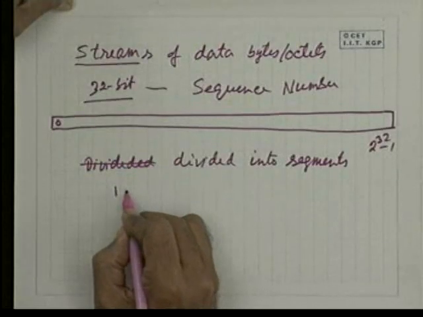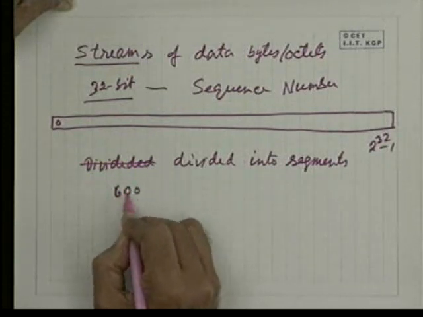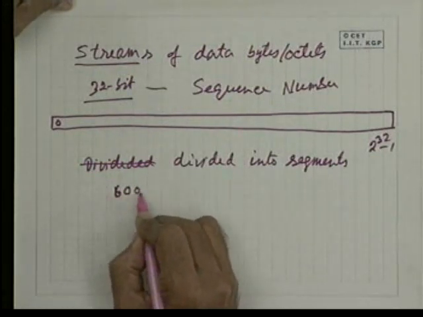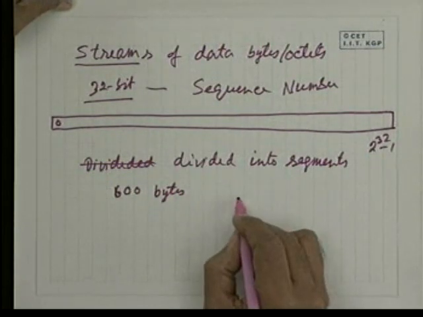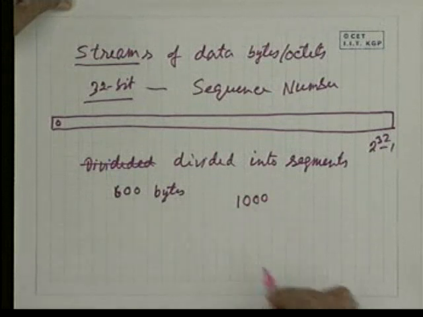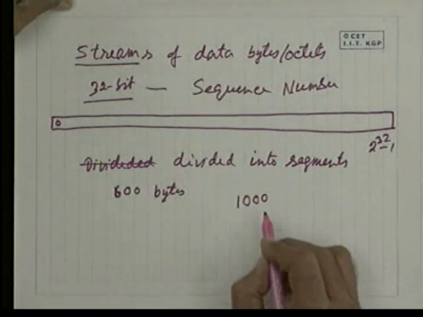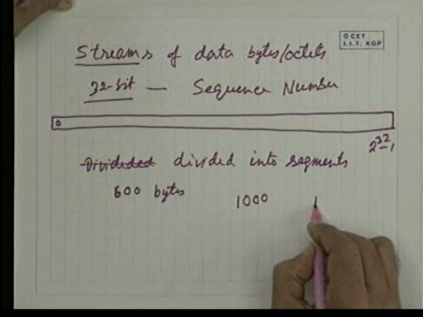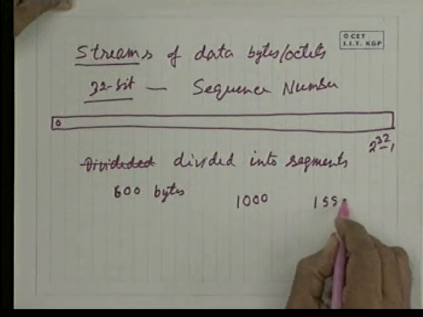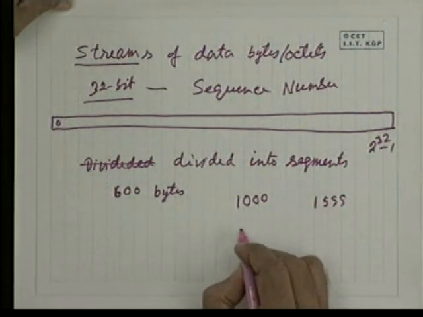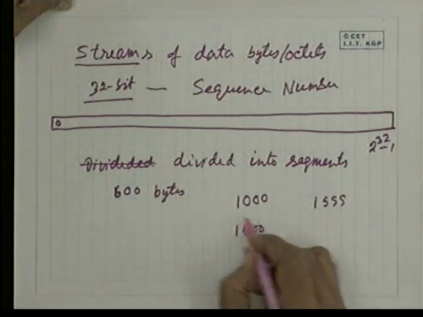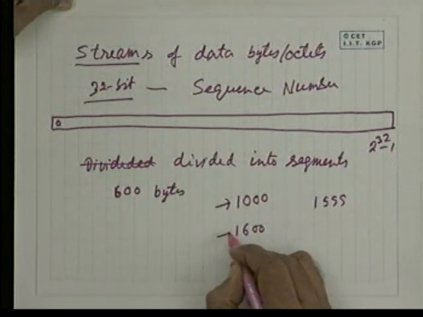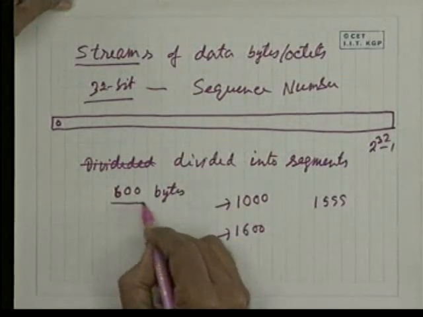For example, let's assume the segment size is 600 bytes. So if the sequence number is 1000, then the last byte in the segment will be 1599, and the next sequence number will be 1600. This is how the sequence number is given depending on the size of the segment.